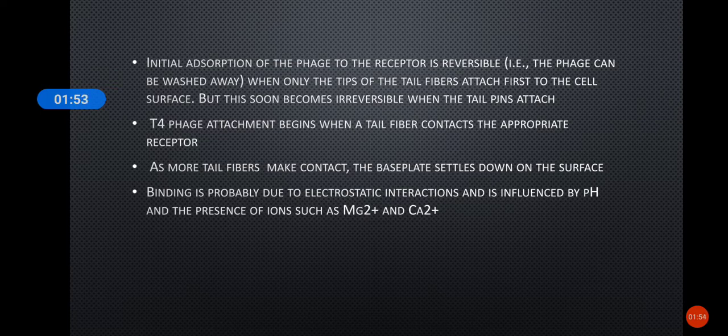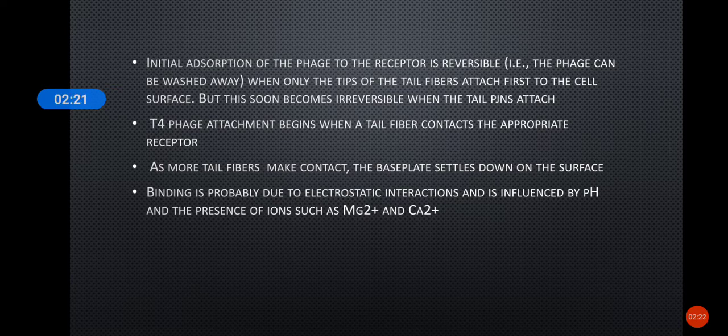When the tail fibers first attach, it is a reversible adsorption, but when more tail fibers attach, it becomes irreversible. In the case of the T4 phage, a T-even phage, the attachment begins when the tail fiber contacts the appropriate receptor on the E. coli cell surface.